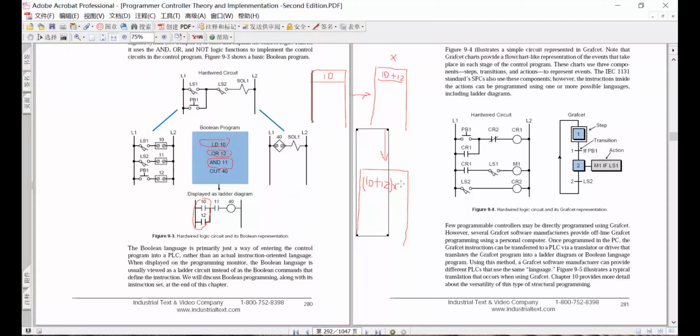It's not difficult to draw this picture. Because 10 and 12 are both on, the result is AND 11. Such as this picture. And the last one is OUT. OUT means just equal.